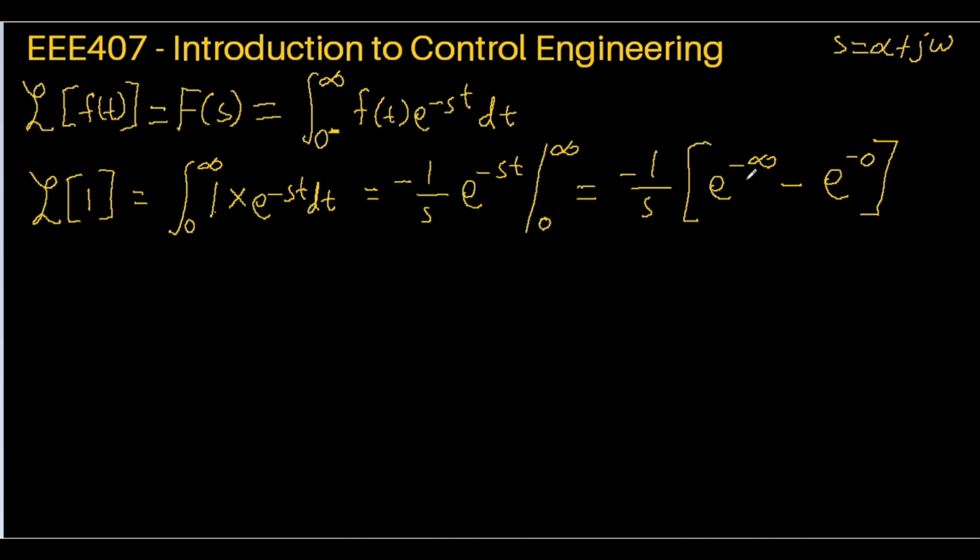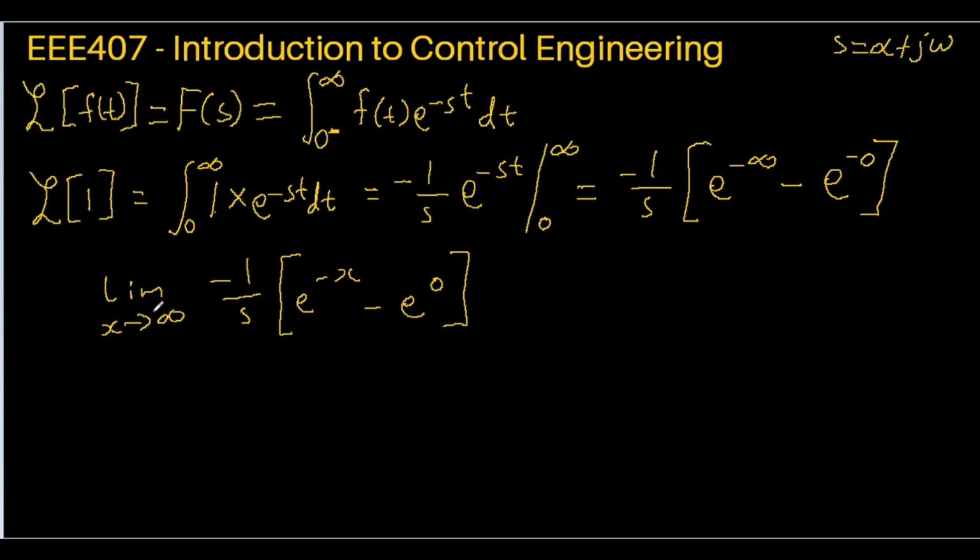It's actually more accurate to write this as the limit as, say, x tends towards infinity, of minus 1 over s times e to the power of minus x minus e to the power of 0. I'll drop that negative sign because minus 0 is the same thing as 0. So this is actually what we're finding when we compute this, and this integral is the same thing as the integral from 0 to x, instead of from 0 to t.